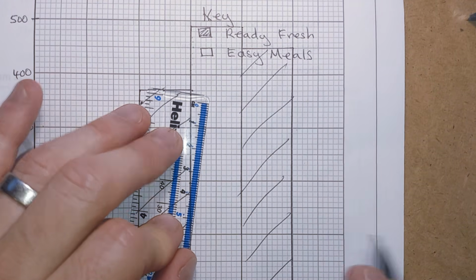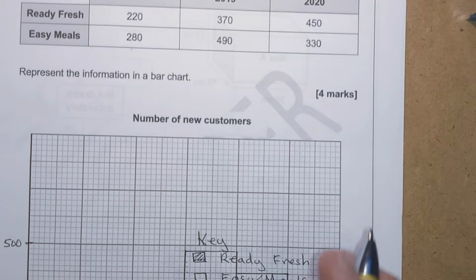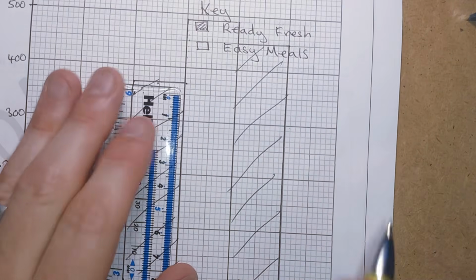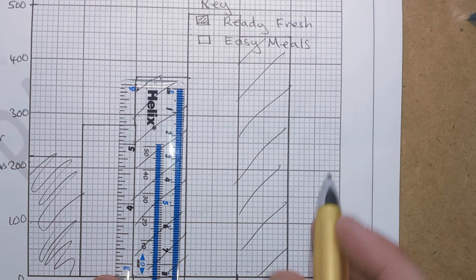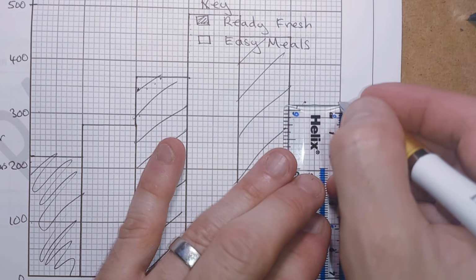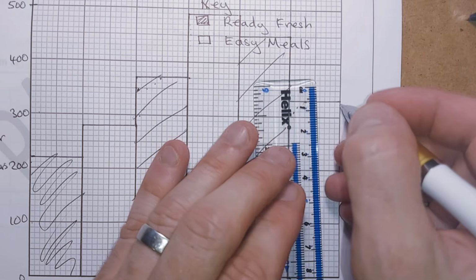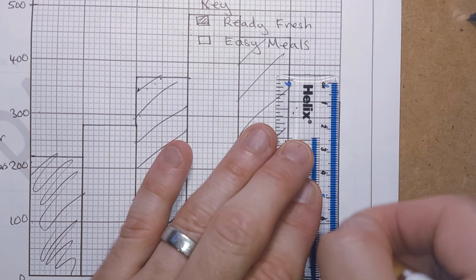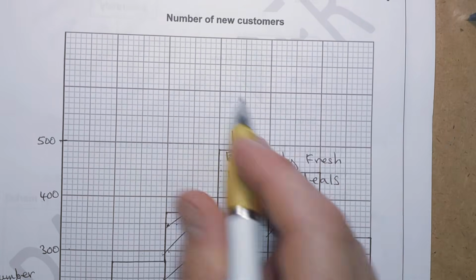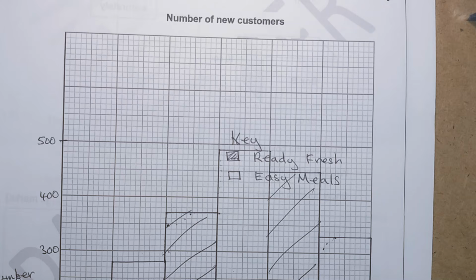You can still see the key, so it's not terrible. And 330 for Easy Meals. So that's our last column here. 300, 10, 20, 30. Right. Okay, so there it is, but do plan better than I did and put your key somewhere up here where you're not going to be writing over it.